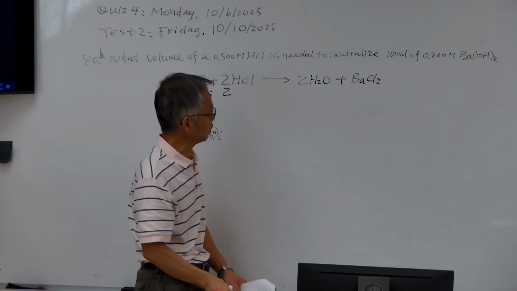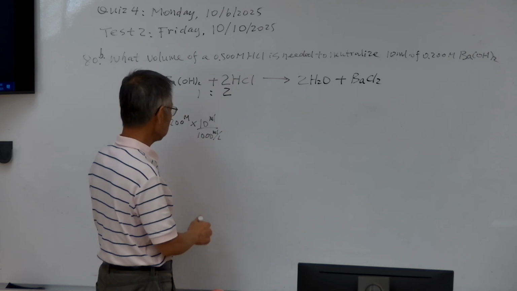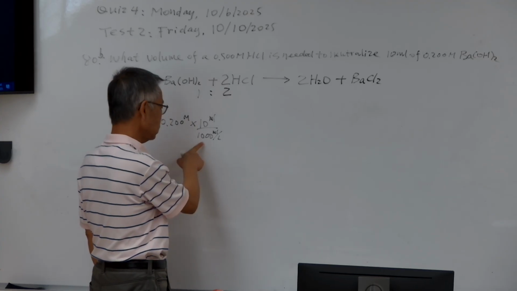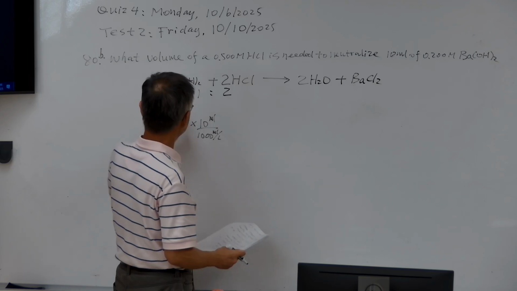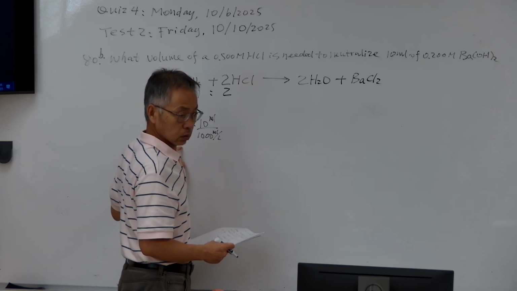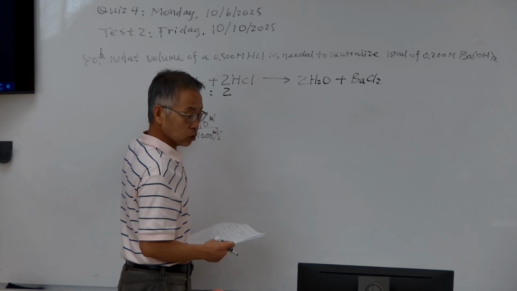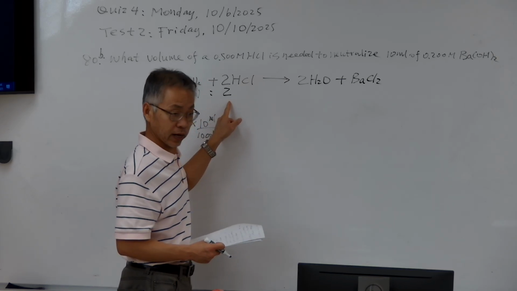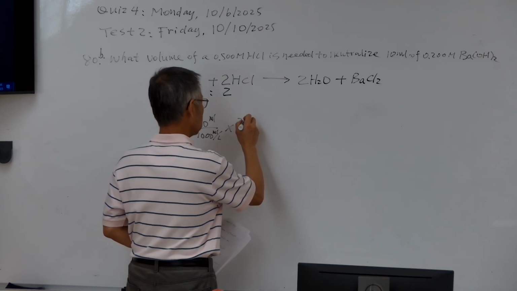If you keep using milliliter, the others still use milliliter, right? So this molar concentration times volume is moles of barium hydroxide. Based on this balanced equation, every 1 mole barium hydroxide needs 2 moles hydrochloric acid, right? So times 2.